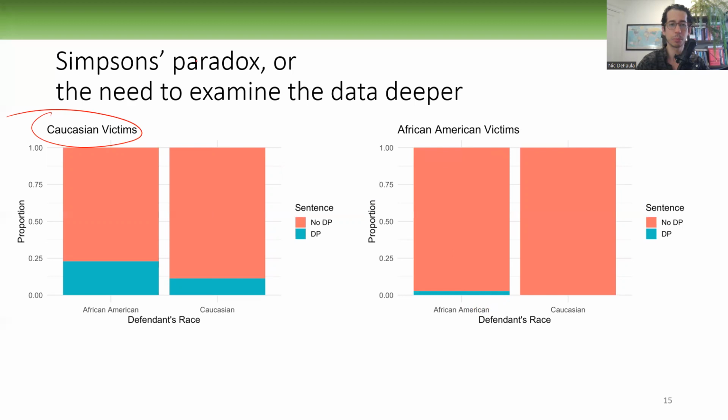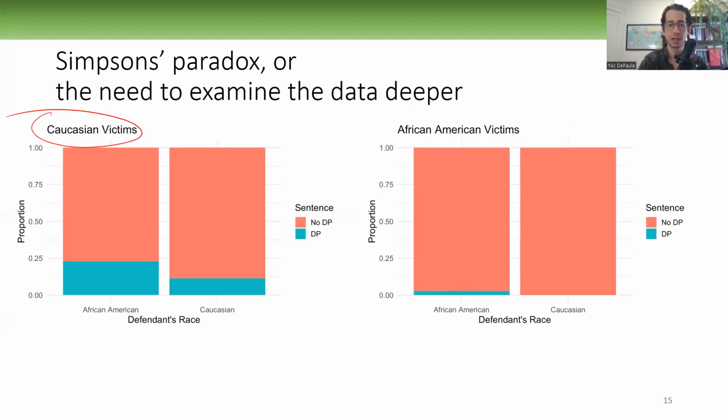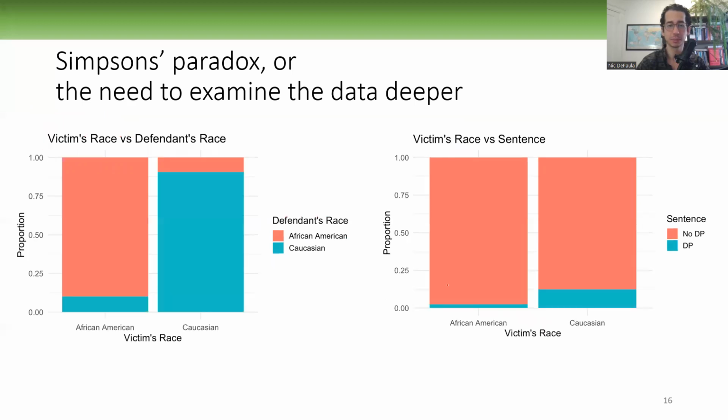And that's why we call it a paradox, because from the previous data, it looked like Caucasians receive the death penalty at least slightly higher than African Americans. But it's not really a paradox. It's just that we're looking at the data in different ways, different views of the data, and we're highlighting or hiding different variables and characteristics of the data.